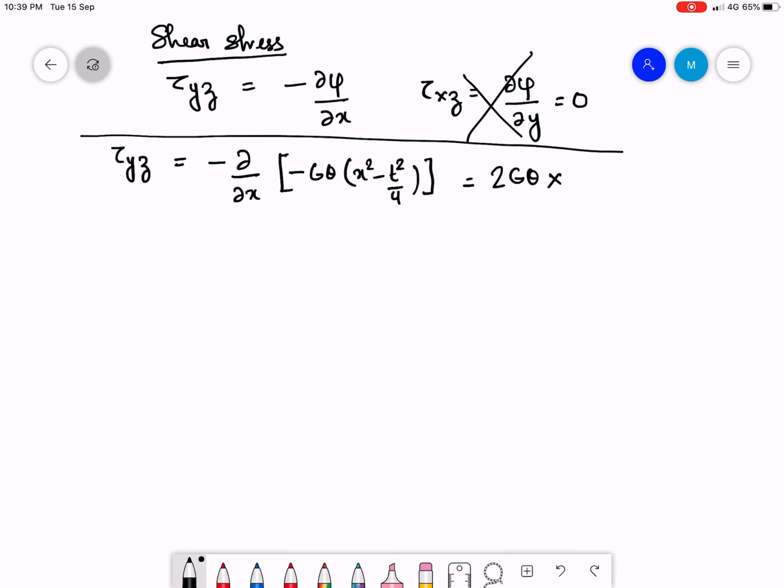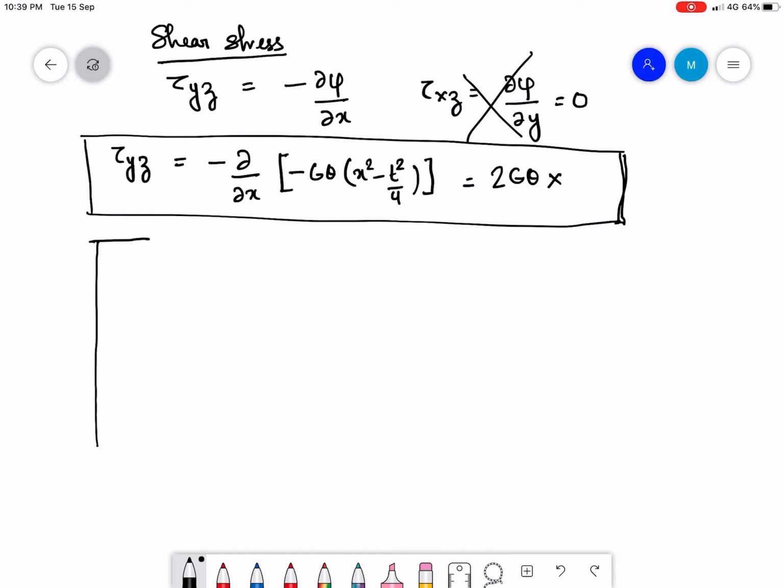So, therefore, this is the expression for the shear stress, 2 g theta x, and the only shear stress that is there is tau y z, and tau x z is equal to 0. So, if we try to draw the shear stress distribution, it is going to be of this form.